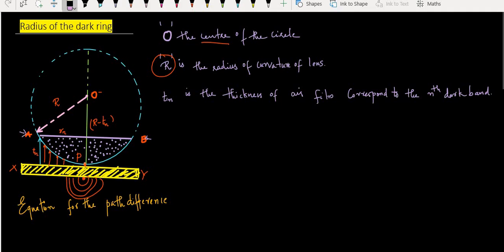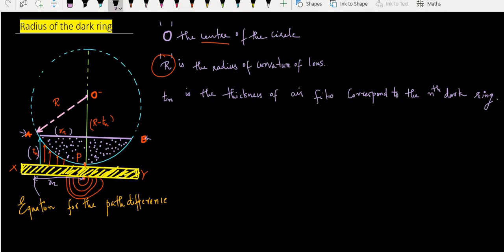Corresponding to the maximum thickness of the air film, which I have represented as Tn, I am getting my nth dark ring. This is my nth dark ring. From the center spot to this particular ring, this is Rn. That's what I have represented here.